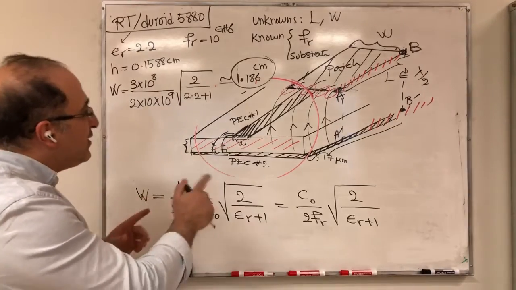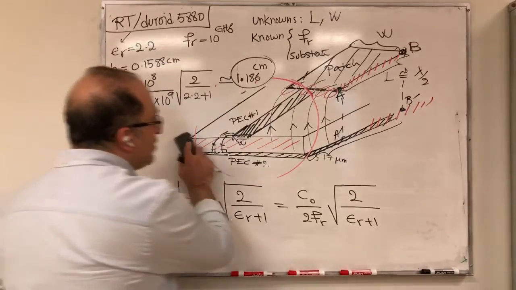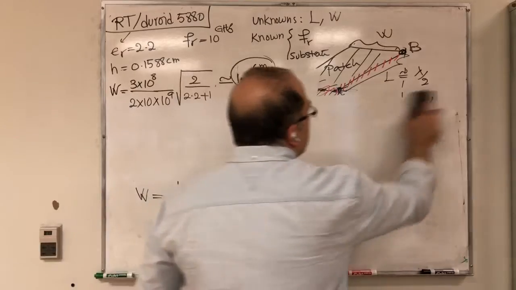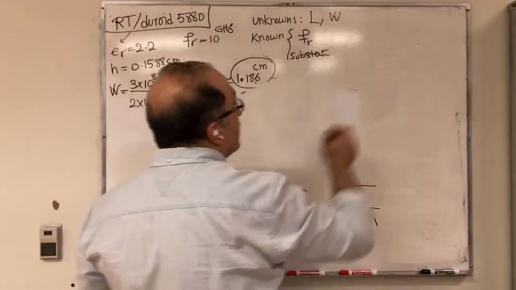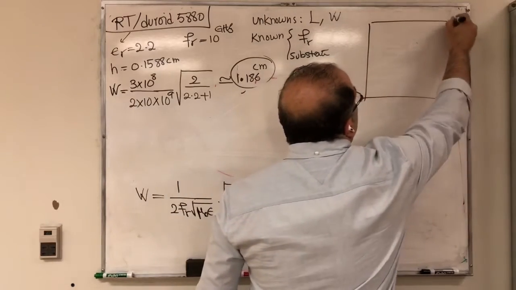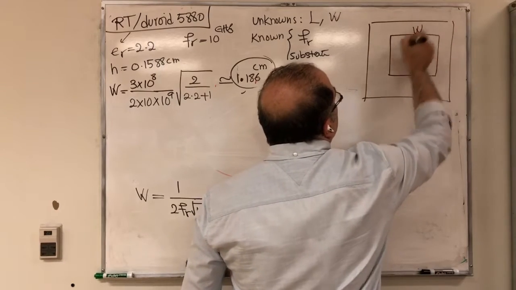To give me a little bit more space here, let me remove this picture from here, and perhaps I can just show it from the top view. So this would be the top view, and this would be my W here.